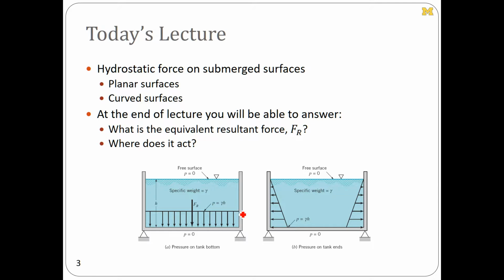So if there's a pressure acting uniformly over a surface, you can turn that into a resultant force and calculate the location of that resultant force. Shown here. Same idea as you've probably used in your statics courses, where a group of forces can be collectively represented as a single force at a different location. Similarly, on the vertical walls, we're going to compute the resultant force and its location as well.